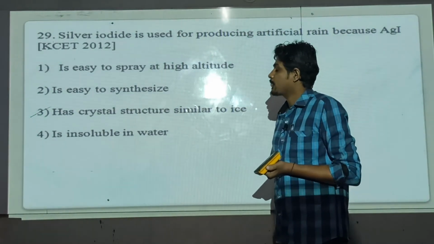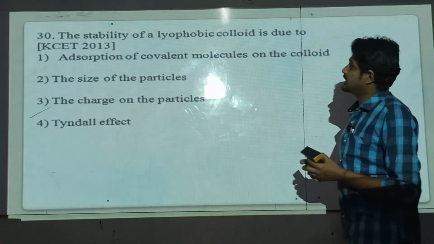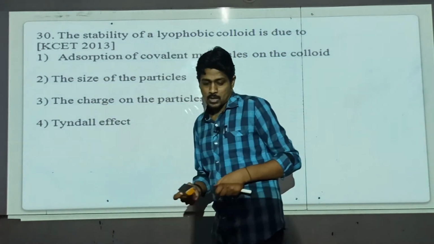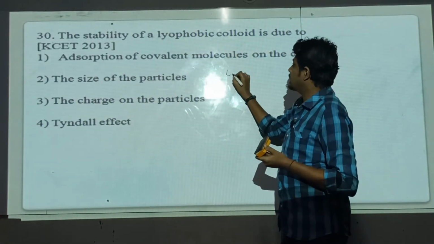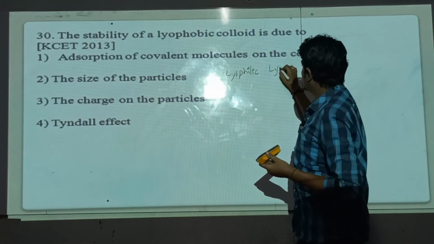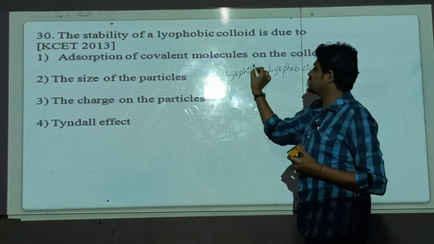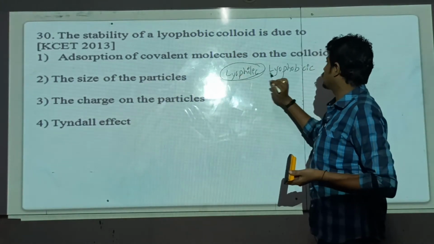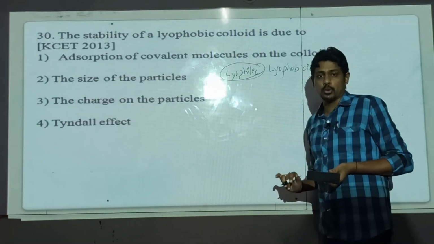Now the next question is, the stability of lyophobic colloid is due to, see, lyophilic and lyophobic. Lyophilic is more stable, as we know, and lyophobic is less stable. First, let us understand why lyophilic is more stable.